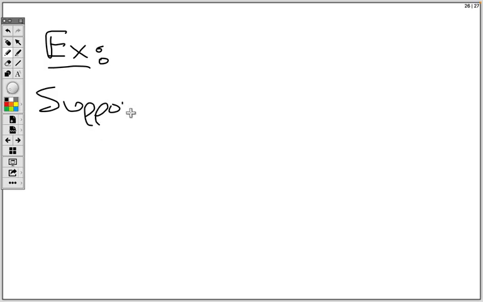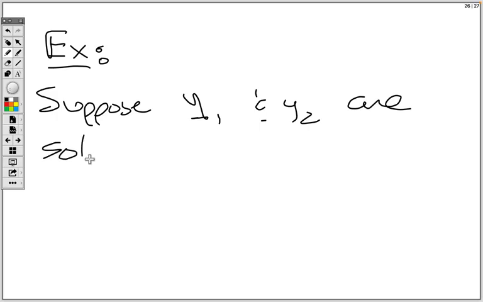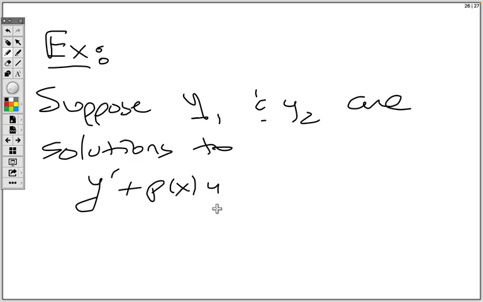Suppose y1 and y2 are solutions to y prime plus p of x y equals f of x. So suppose I have two different solutions to this differential equation.